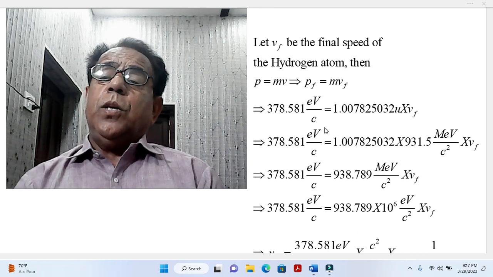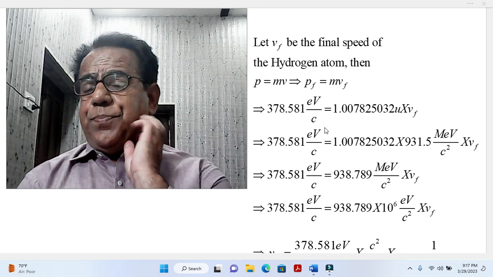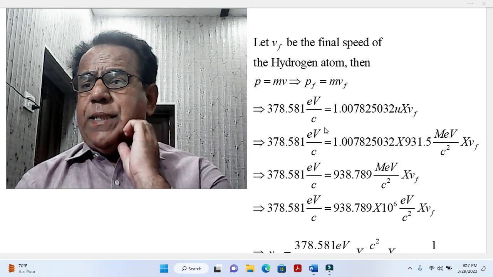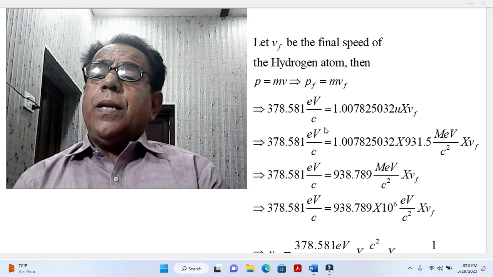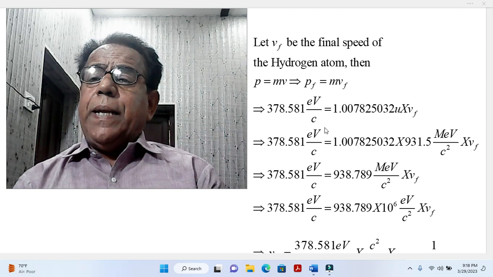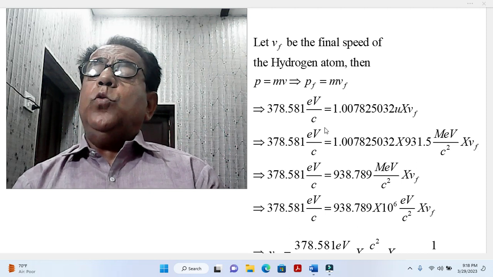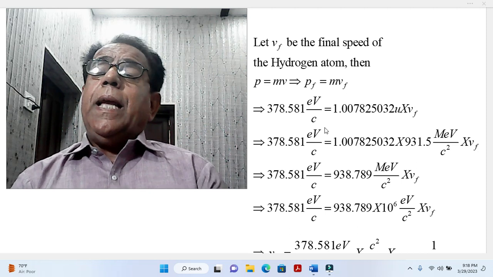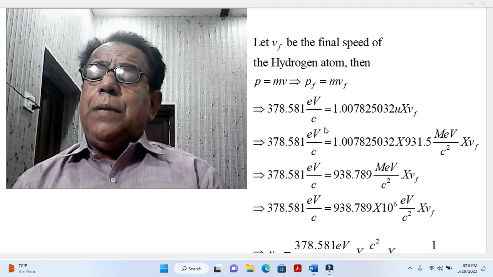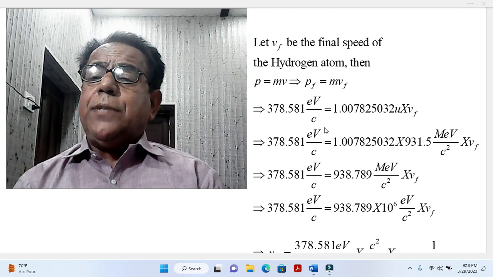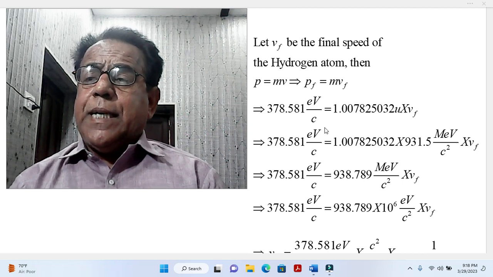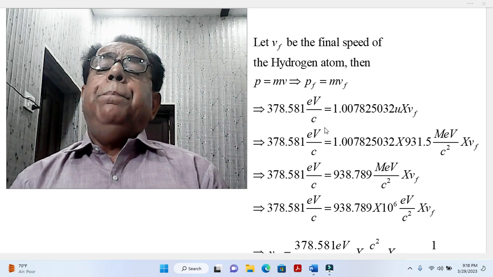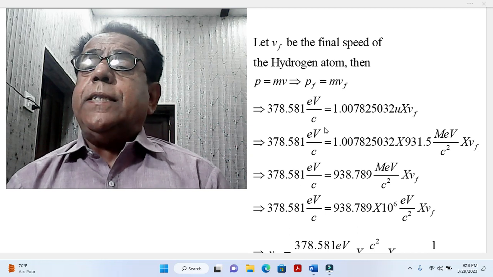So from here, dear students, what we have done is, first we have replaced m with the value which appears in the table, and in the next step we have eliminated u, that is, atomic mass unit, and in place of u we have used its alternate value in terms of million electron volt over c square.